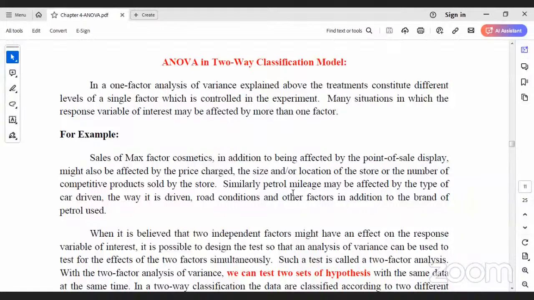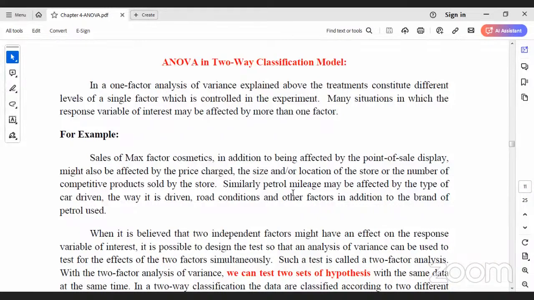So the point of sale might also be affected by the price charged. Where we are selling a product, and the price of the product, the size and the location also. For example, in villages, take the example of Thums Up bottles or Sprite bottles. If you go to D-Mart, the price of a Thums Up bottle is only 80 rupees, that is a 2.25 liter bottle. The same bottle will be sold in villages for 100, or in some places 120 also.